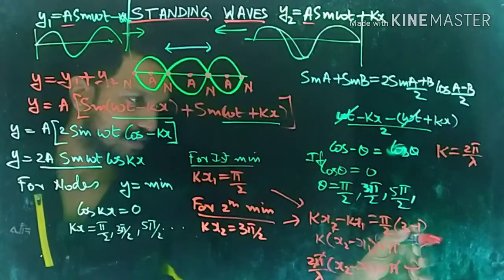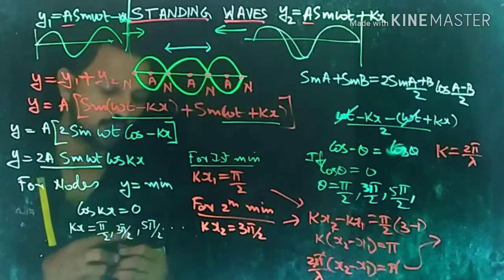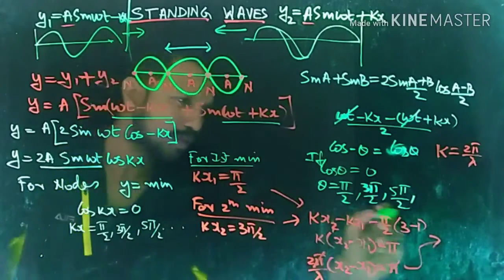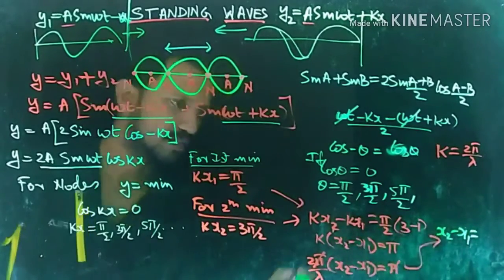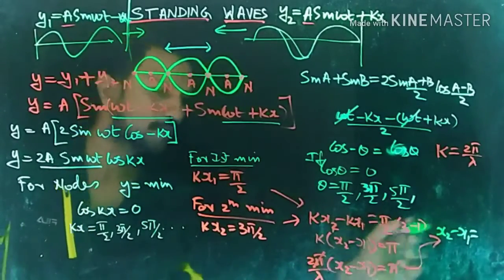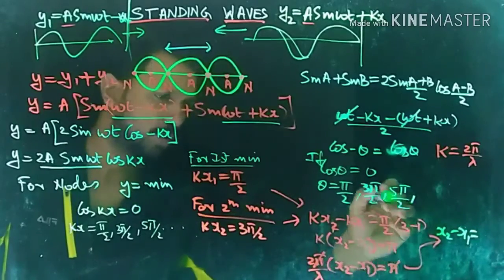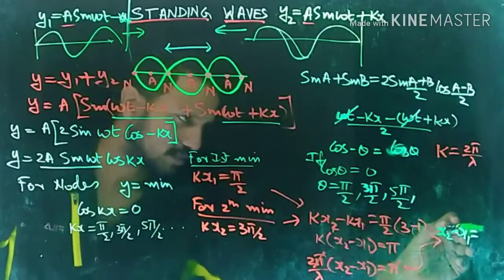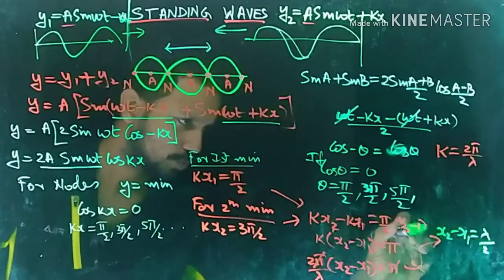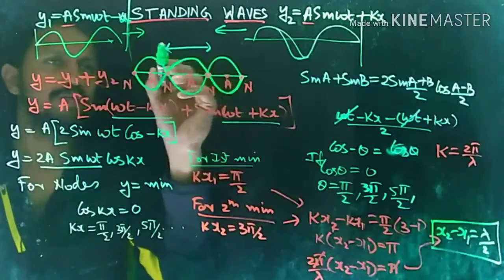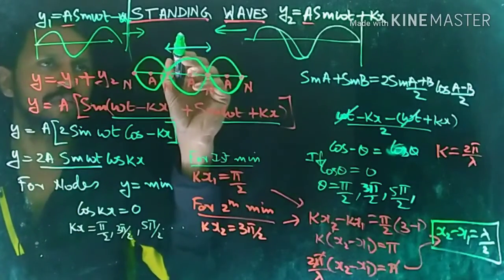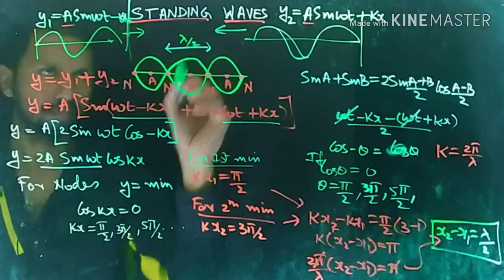As a result, x2 minus x1 is lambda by 2. That means the distance between consecutive nodes will be lambda by 2.